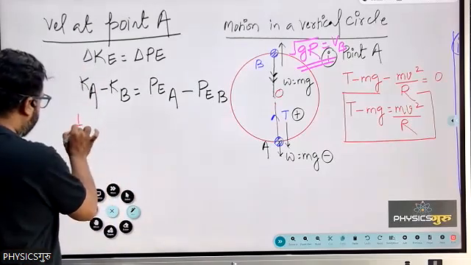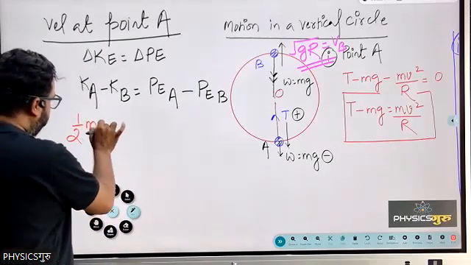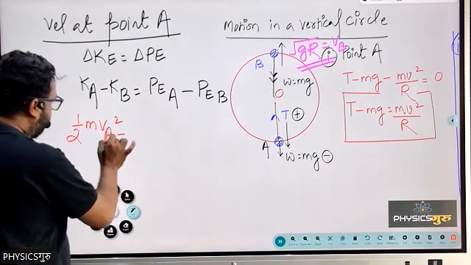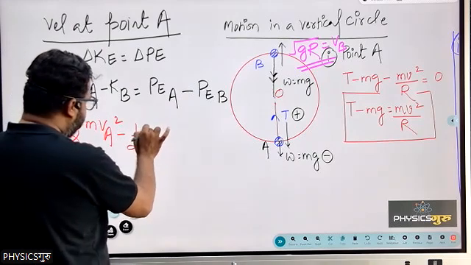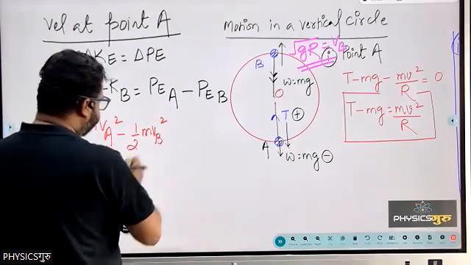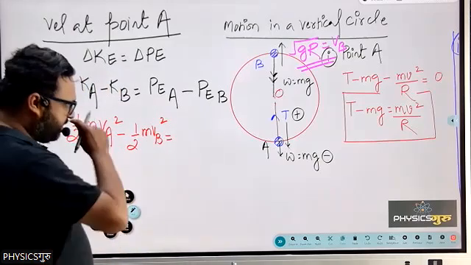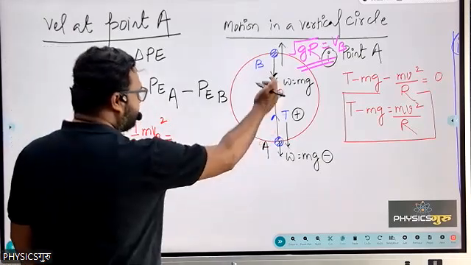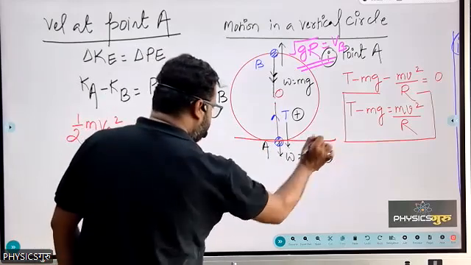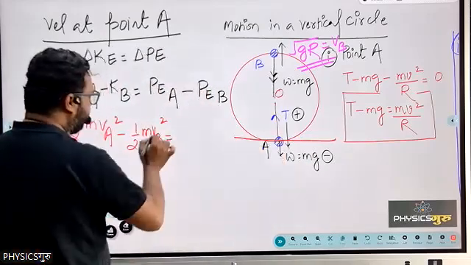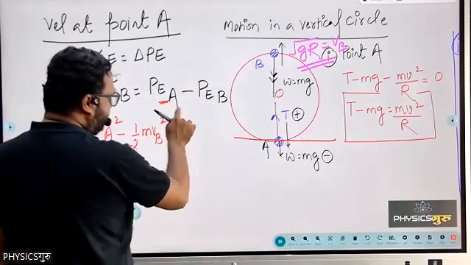So half m vA square minus half m vB square is equal to potential energy at point A minus potential energy at point B. What is potential energy? If I take this as a reference point, at this position height is 0. So potential energy at point A is 0.